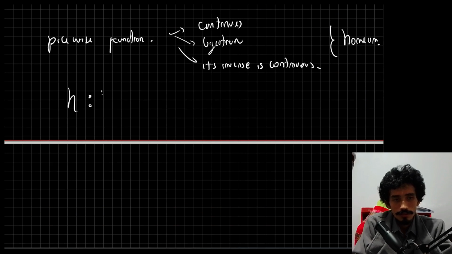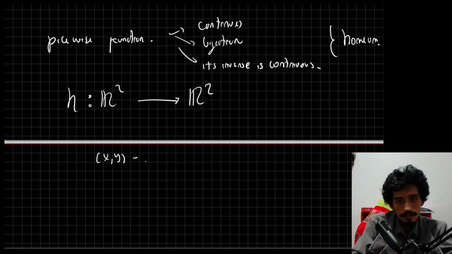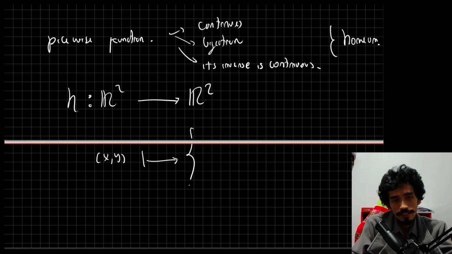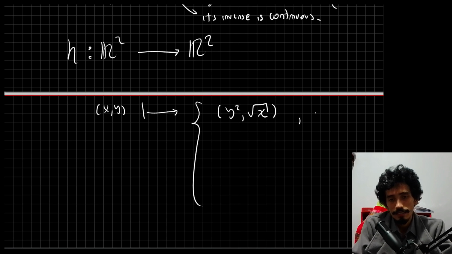So let me put it here. Let's say H goes from R2 into R2. And it's defined like this in 4 cases. We will work on 4 cases. The first case is the obvious one, whenever x is non-negative and y is also non-negative. And the second case, we keep the first coordinate, and then we do this.